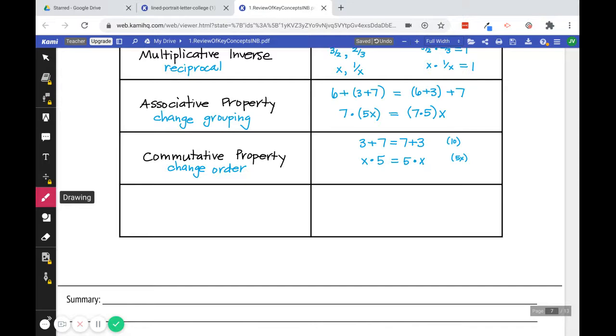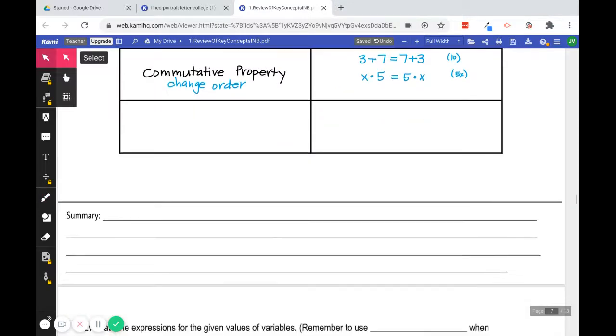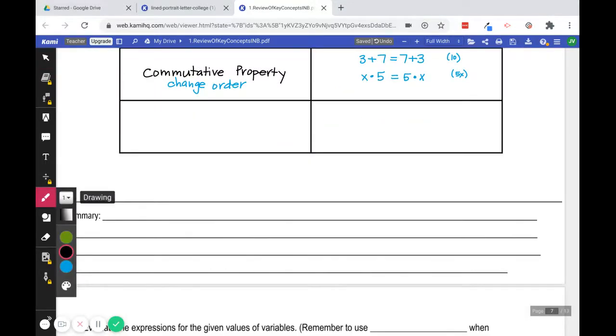The final property that you are probably the most familiar with out of all these, we saved the best for last, is the distributive property. You've been using the distributive property since you could solve equations, right?